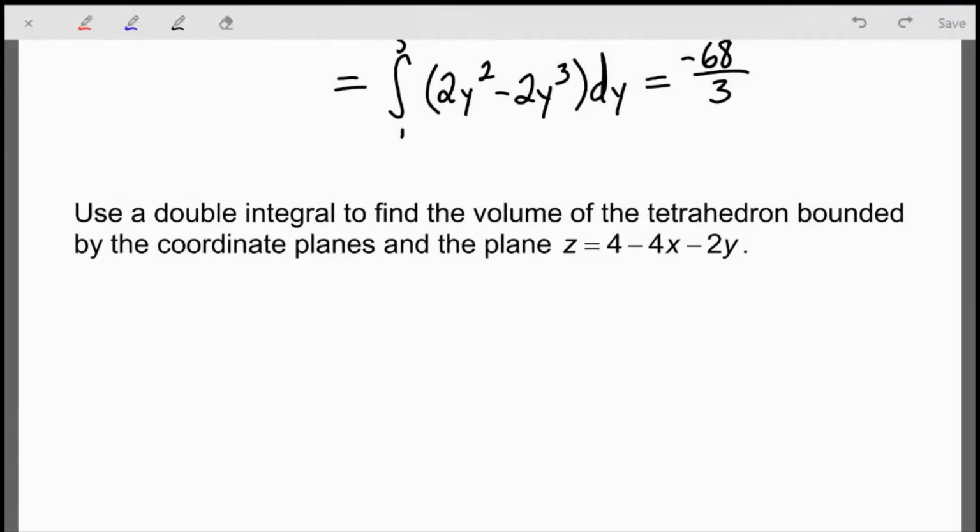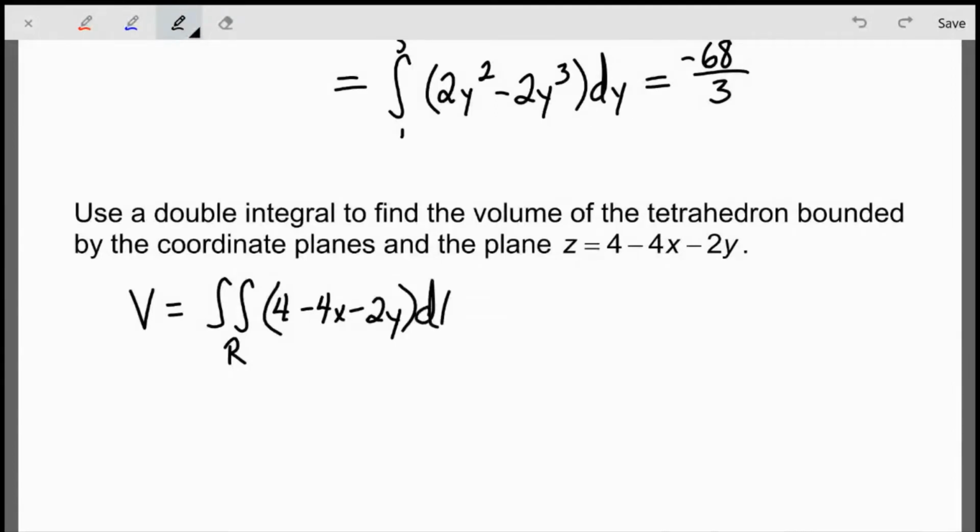Okay, so the first thing is I know I'm bounded by the coordinate planes. So let's write this in general terms. We have our volume. It's going to be over this region R. We're trying to integrate 4 minus 4x minus 2y dA.